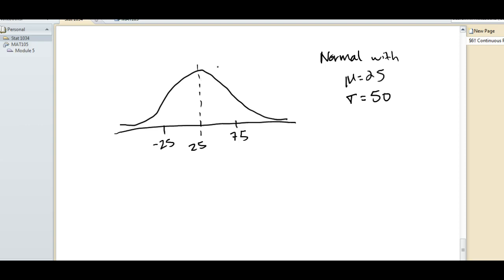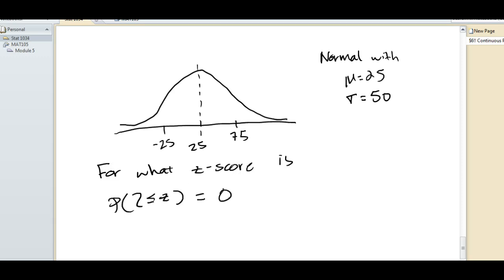And then let's say we want to know for what z-score is the probability of capital Z less than or equal to lowercase z equal to, let's say, 83%.